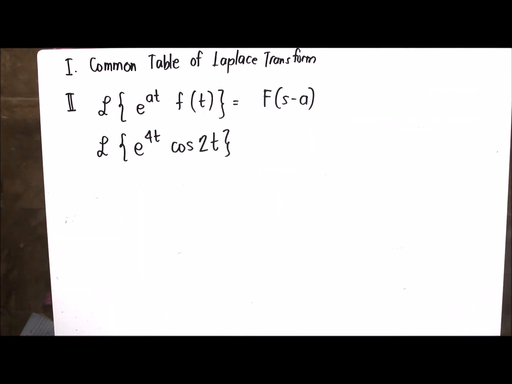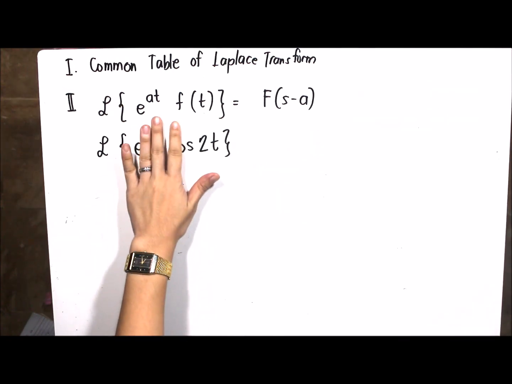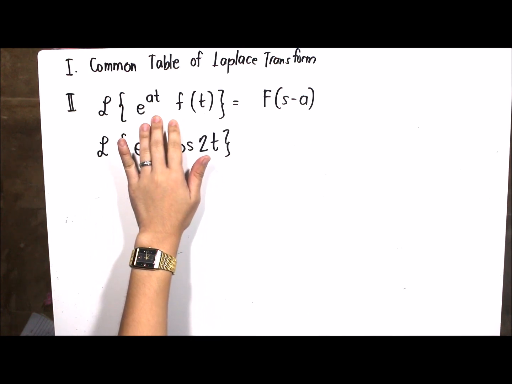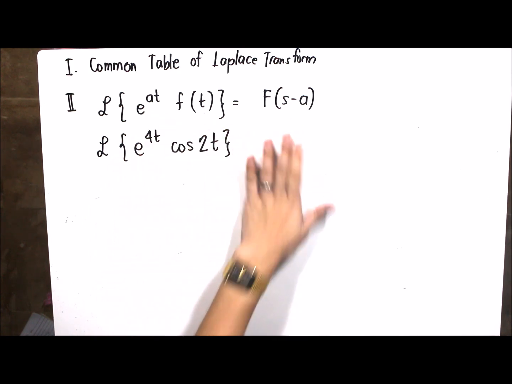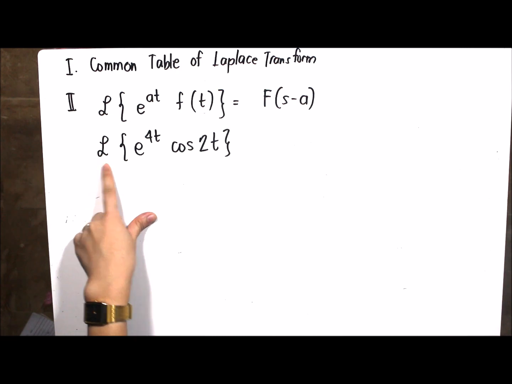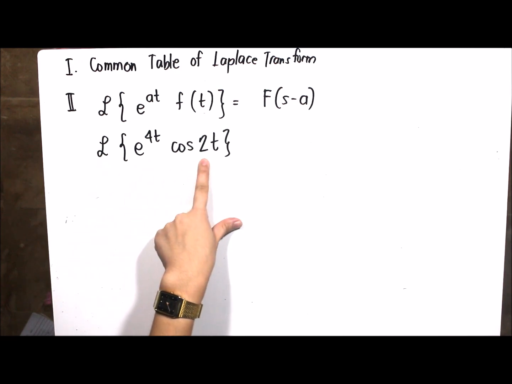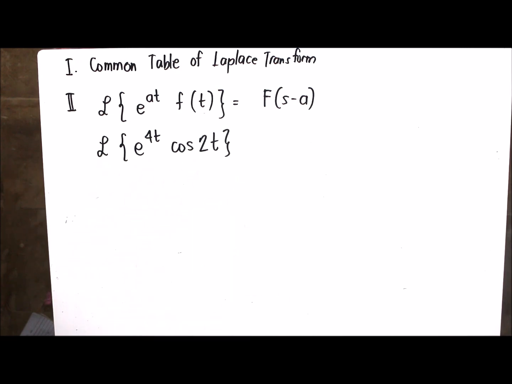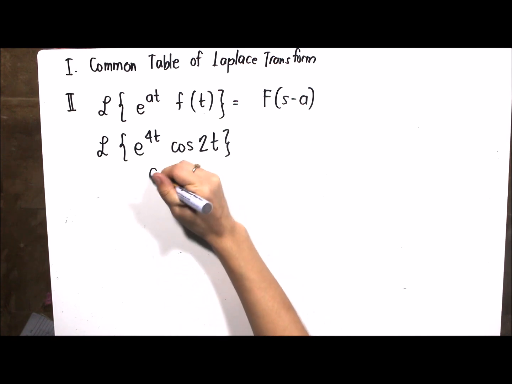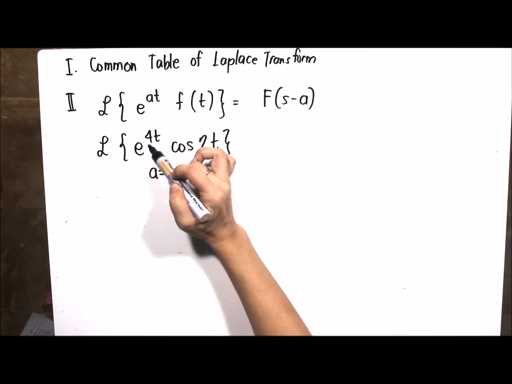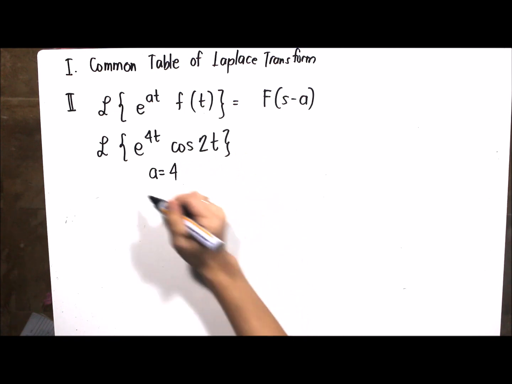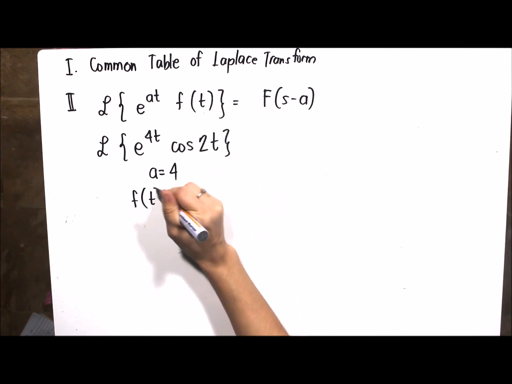So our next example, for the same formula of Laplace of e raised to at f of t, which is F of s minus a, we have the Laplace transform of e raised to 4t cosine 2t. So same process, we have to identify a first. That is the coefficient of t, and we have 4. Identify f of t.